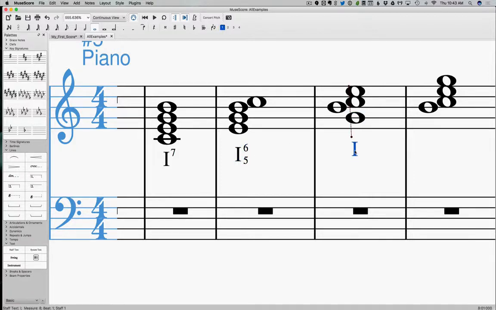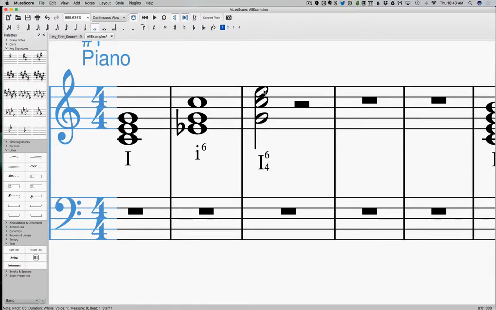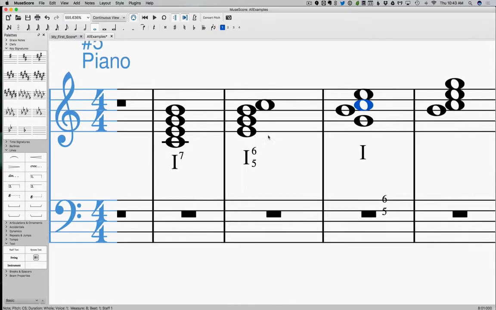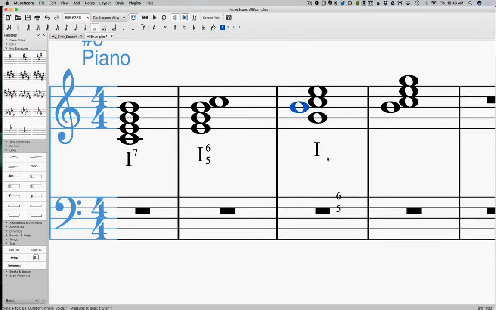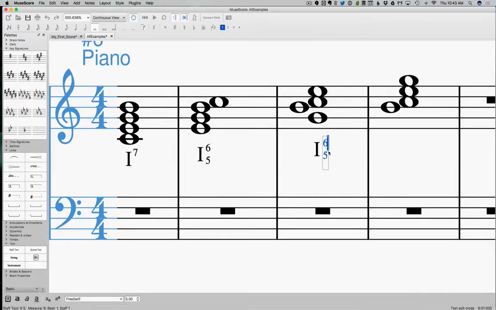Let's go on to our next one. And what are we going to call this one? So our biggest interval is G to E, so another 6. Our second biggest interval is a 4, so G to C. So we have 6 4, but again, we don't want to call it a 6 4 because that means this, right? And then we have a 3. So what we could call this is a 6, 4, 3.